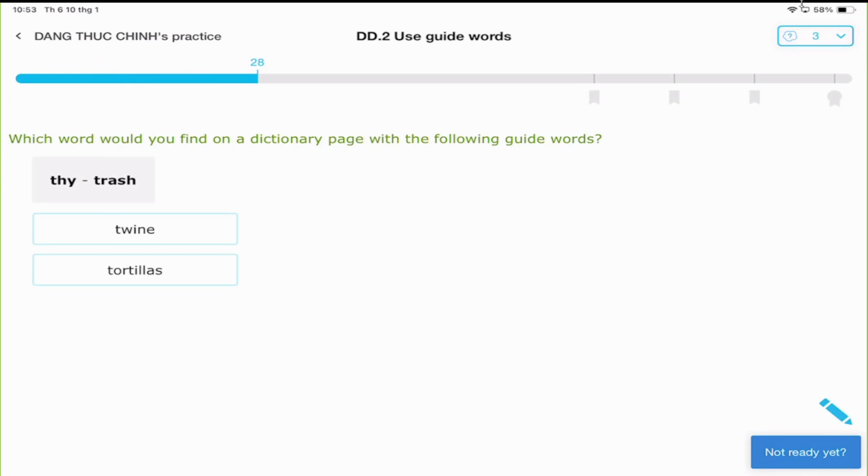Which word would you find on a dictionary page with the following guide words? Okay, same thing. The first letters are the same, so let's look at the second letters, H and R. H definitely comes before R. So A, B, C, D, E, F, G, H, I, J, K, L, M, N, O, P, Q, R. Okay, now we reach R. Stop.